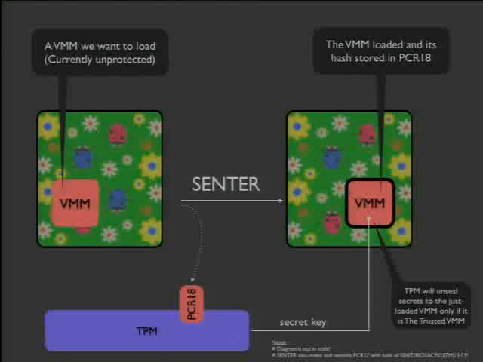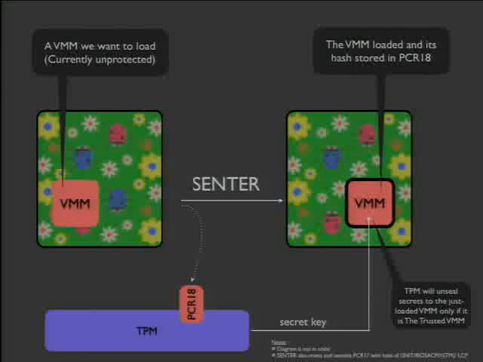And you see this black border around it. This symbolizes the protection that has been applied to this VMM piece of code. Of course, just the moment before we executed SENTER, some of those viruses here might have compromised the VMM.